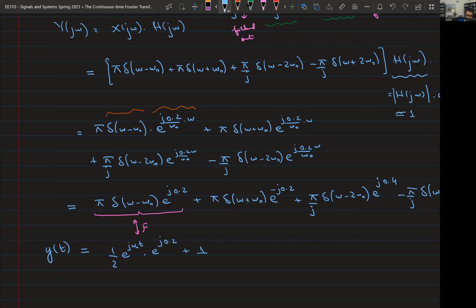So this is e raised to power minus j omega naught t, and e raised to power minus j 0.2. This is half, 1 upon 2j e raised to power j 2 omega naught t times e raised to power j 0.4, and then minus 1 upon 2j e raised to power minus j 2 omega naught t times e raised to power minus j 0.4. Okay, can this be simplified further?